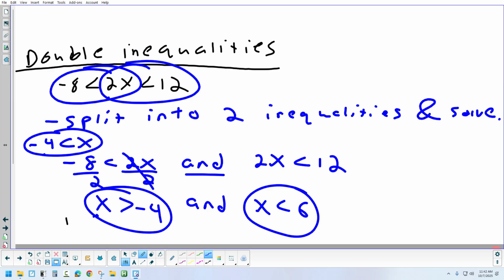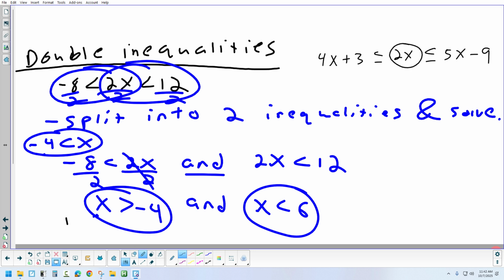Yes? Could you just divide the whole thing by 2? So if you're wondering, why don't you just divide by 2, divide by 2, divide by 2? The problem with that approach is if I gave you something like this, since you have x's in all the spots, if you divided everything by 2 here, you still wouldn't have x by itself in the middle because you've got x's over here and over here. You're never going to be able to get x alone in the middle in this notation. It's impossible.